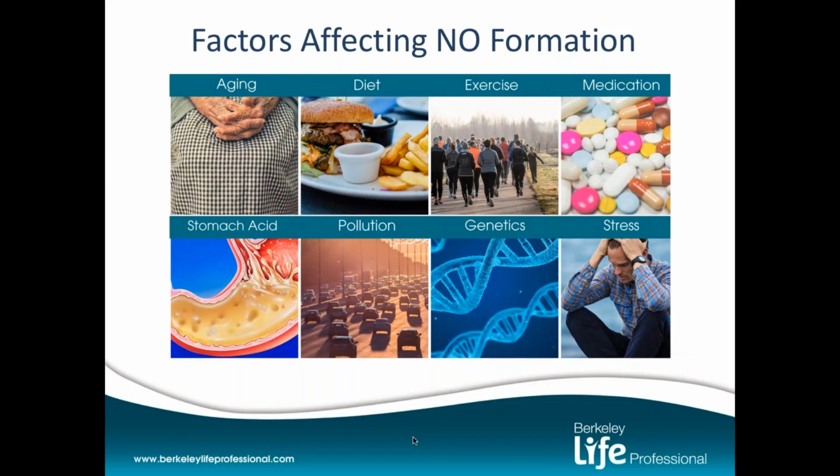Not only our NOS SNPs, but our SOD, our superoxide dismutase SNPs, anything that is connected with our BH4 production, like even the MTHFR SNPs, influence negatively our ability to make nitric oxide. And the big one, stress. Stress decreases our ability to make nitric oxide.